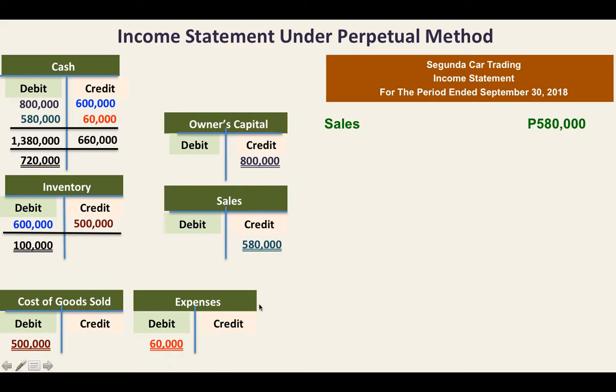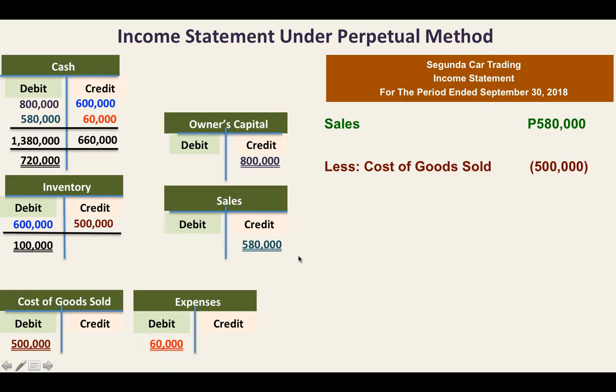Less cost of goods sold, 500,000. Sales is a revenue and it is credit, so it is adding to our capital. The cost of goods sold is debit, so it's reducing our capital. That is just the general concept of it.